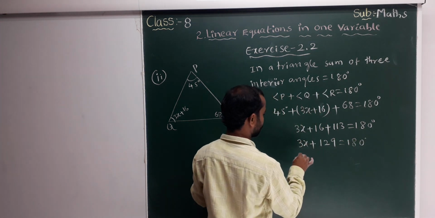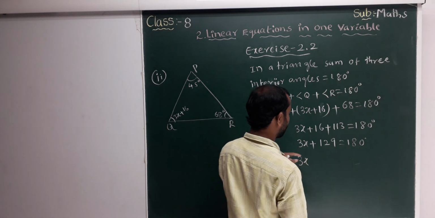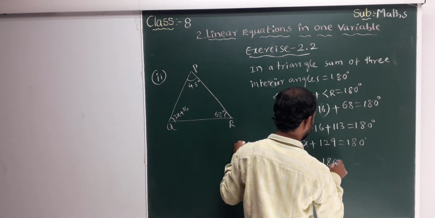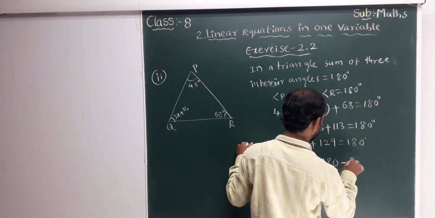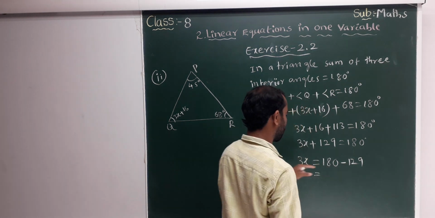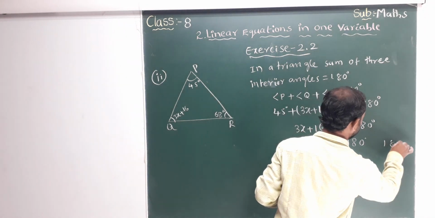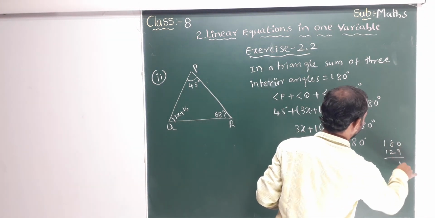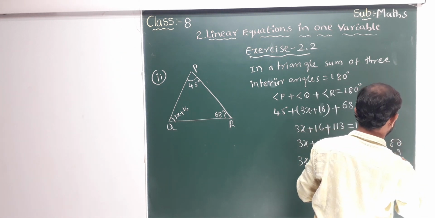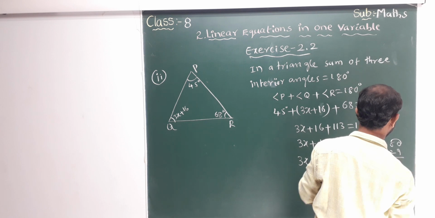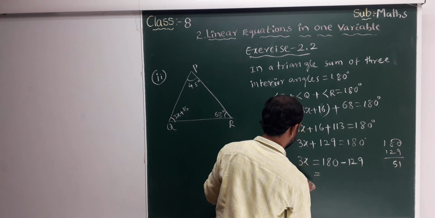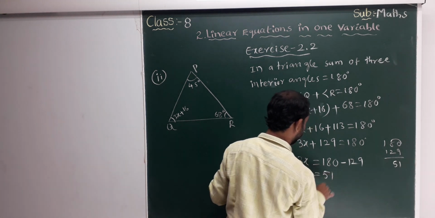Okay, so 3x plus 129, transpose 129 to the right side, that is addition changing into subtraction. 180 minus 129, 51. So 3x equal to 51.